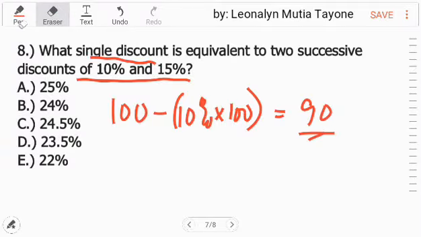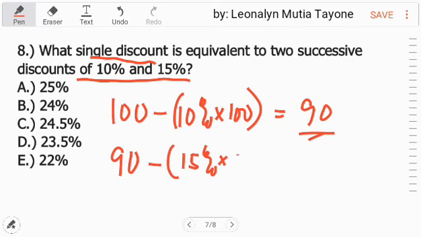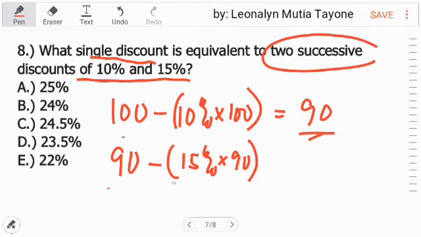Next, erase that. 90 minus 15% of 90. Go to the 90, not the 100, because the discount is on the 90 itself. So we have a 15% successive discount. 15% of 90 is 13.5.